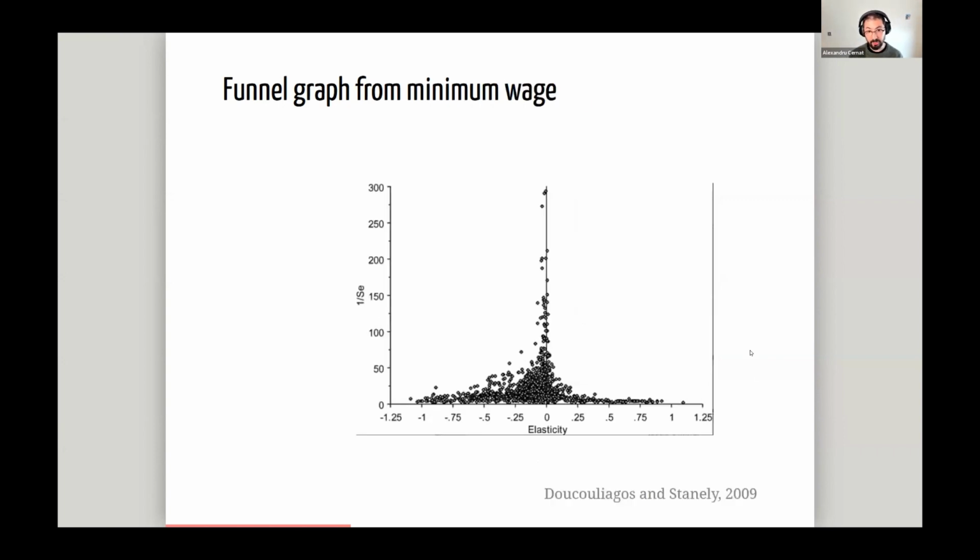Let's look at another one where it's less obvious. I don't remember exactly, but I think it was the relationship between minimum wage and productivity, if I remember correctly. The main thing to concentrate on is the relationship that we see in the graph. Again, each dot is a different study, and here we have a lot more studies.